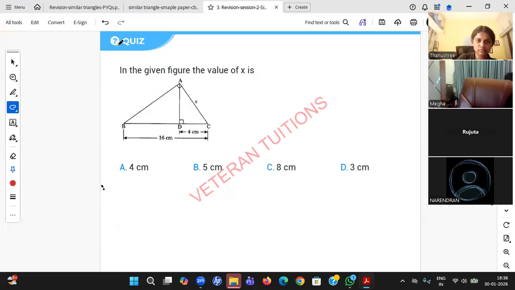Rujita, did you understand the previous question, student? Yes, sir, I got it. Got it, okay. Narendran, I think you're right, student. There are many ways to do the previous question. Narendran has chosen one way. You can do the same question by the Pythagoras theorem. Similarity is also not required. Yes, Ankita, right answer.